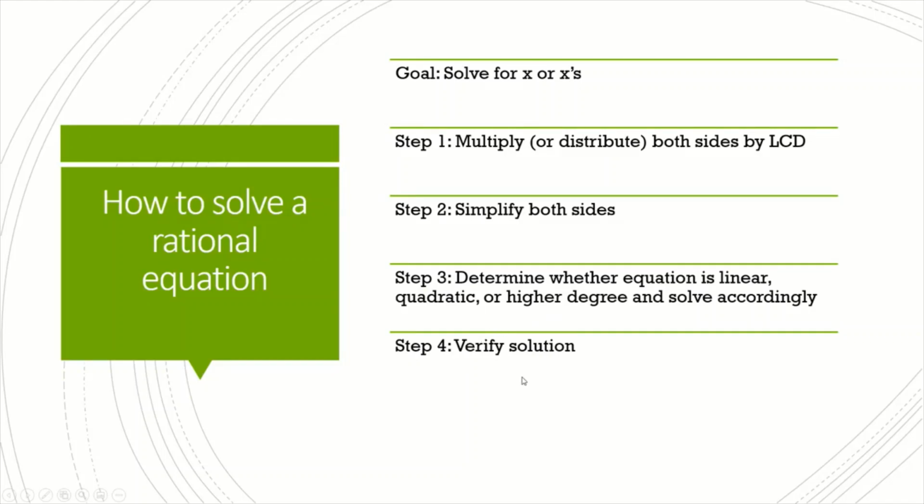And then you want to verify the solution. And the reason for that is kind of what we saw last unit, that the domain of a rational expression or equation is restricted. So whenever the domain is restricted, you have to check.